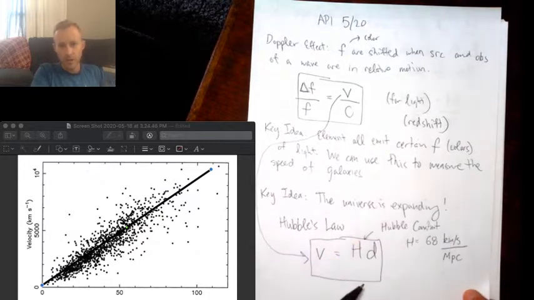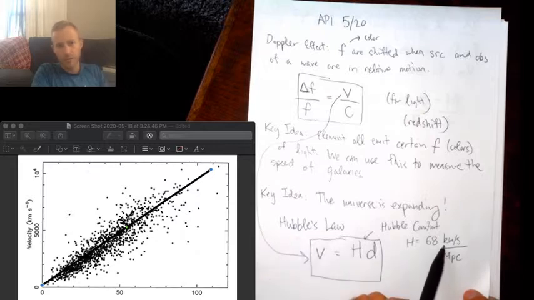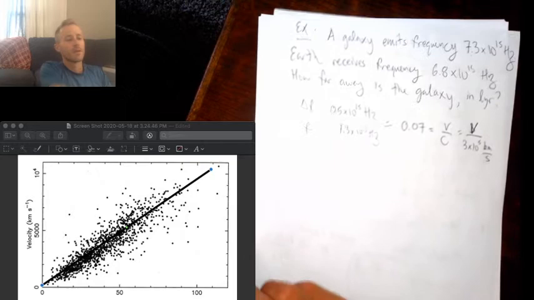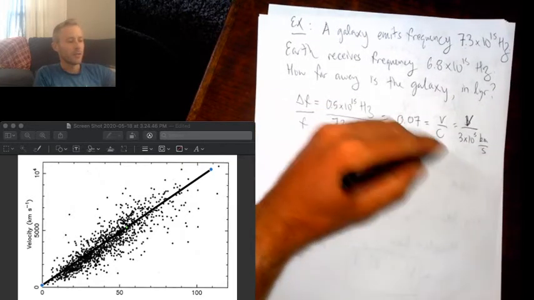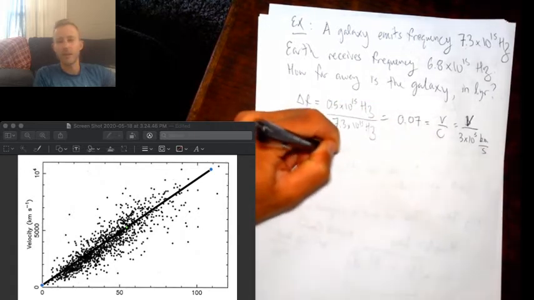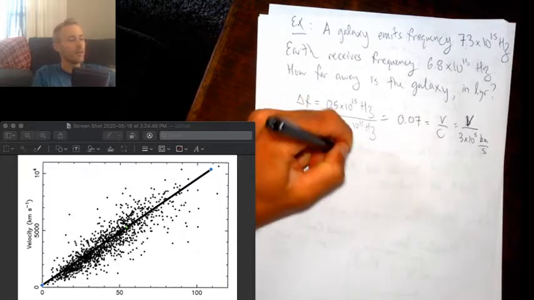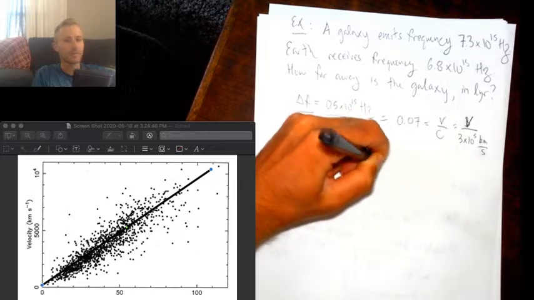So the velocity on the left-hand side of this equation should also be in kilometers per second. If we solve this equation, we get that the velocity of the galaxy is 2.1 times 10 to the 4th kilometers per second.